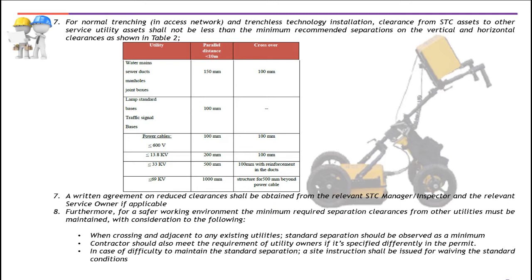When crossing and adjacent to existing utilities, standard separation should be observed as a minimum requirement. Contractors should also meet the requirements of utility owners if specified differently in the permit. In case of difficulty to maintain the standard separation, site instructions shall be issued for waiving the standard conditions on site.